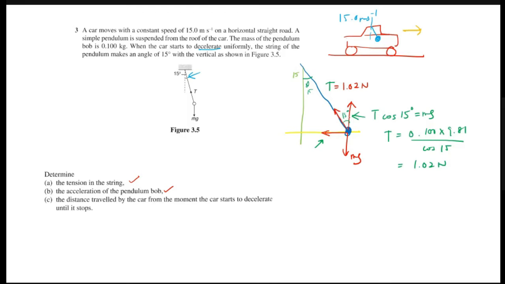It was not pushing left, it was pushing right, so I think this diagram should be corrected. So this is the force that is pushing the pendulum bob to the right side. If there were no force pushing on the right side, the pendulum bob would be staying in the middle, right?